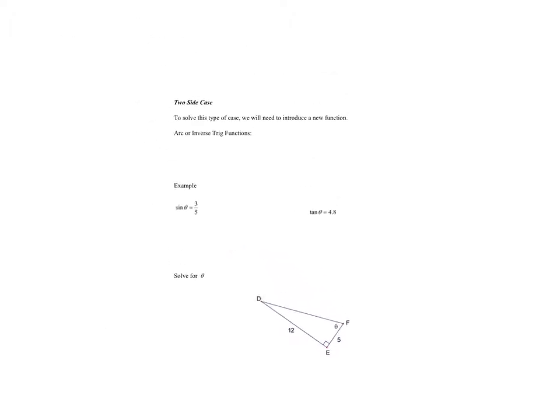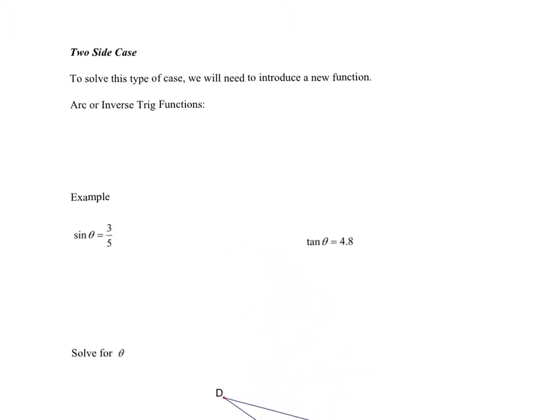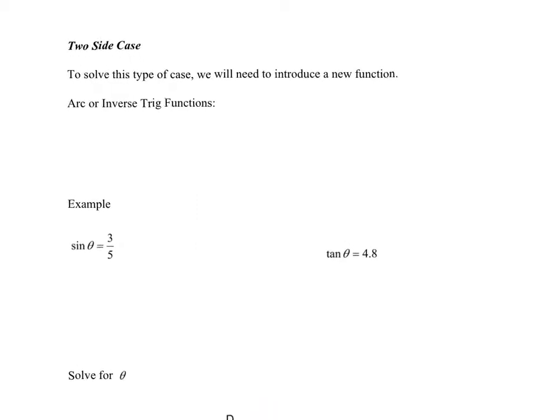The second case is given two sides. In order to solve this type of case, we have to introduce what may or may not be a new function. Some of you may already know it, others it may be new. That's called the arc or inverse trig functions.